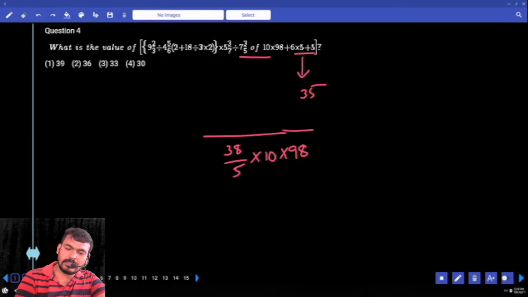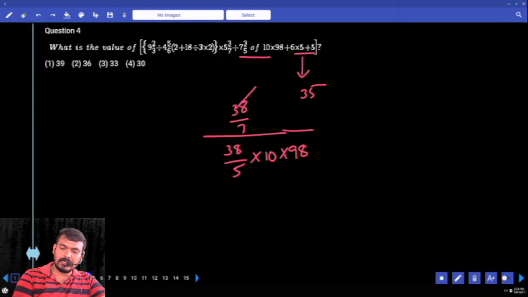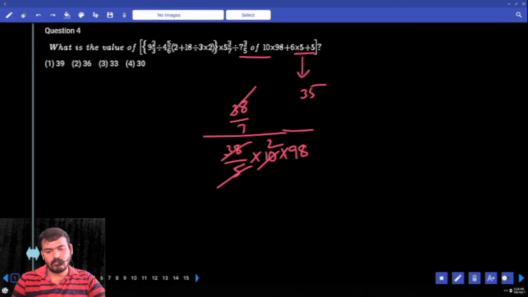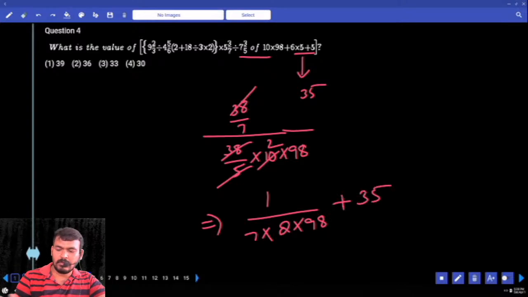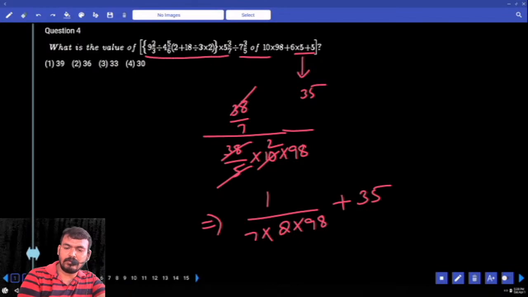And numerator 38 by 7. 38, 38 cancel. 5 how many times? 2 times or not? Denominator 7. Denominator 1 by 7 into 2 into which one? 98 plus how much value? 35.